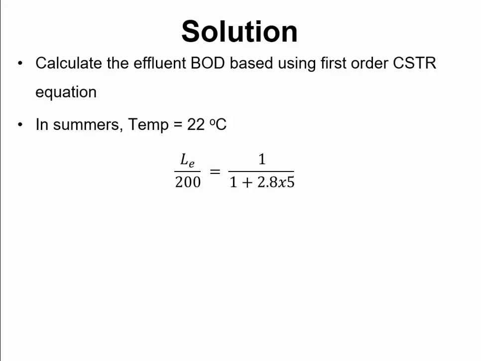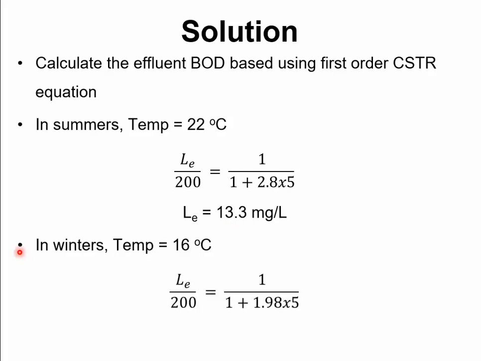So for summer, influent BOD is same 200 milligrams per liter, 2.8 is K value and 5 is the retention time of the lagoon. So effluent would contain 13.3 milligrams per liter of BOD. In winters, at 16 degrees Celsius, K value is 1.98, rest of the things are same.